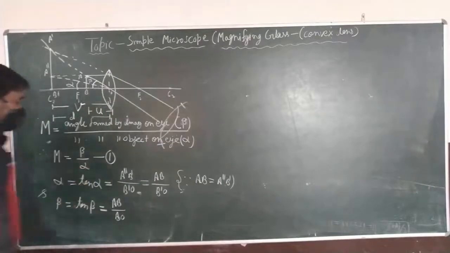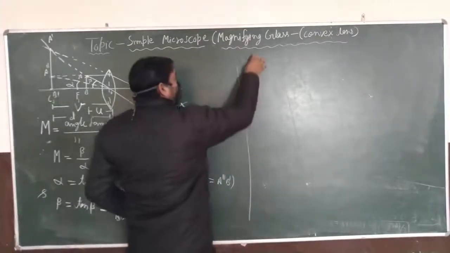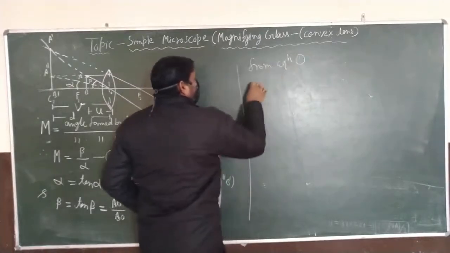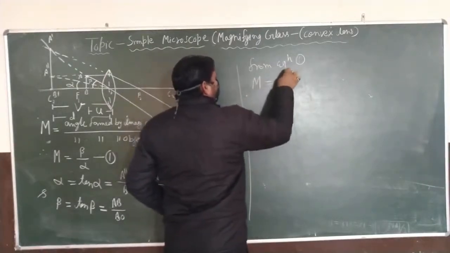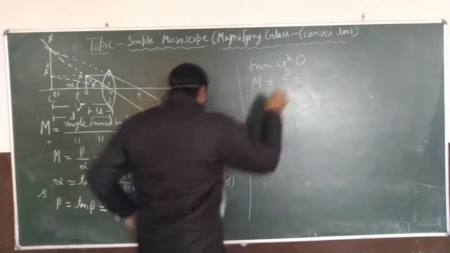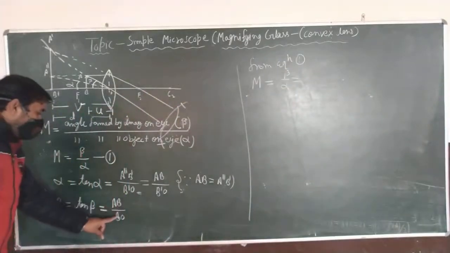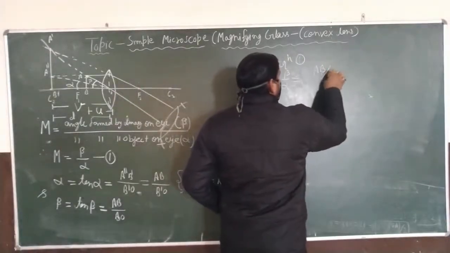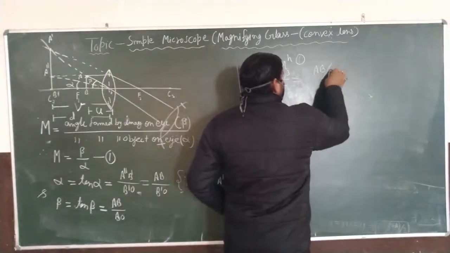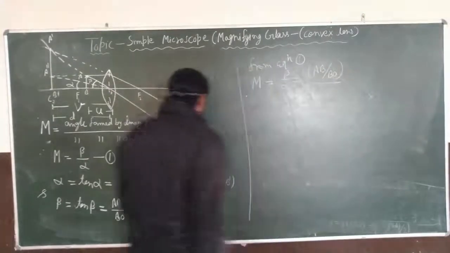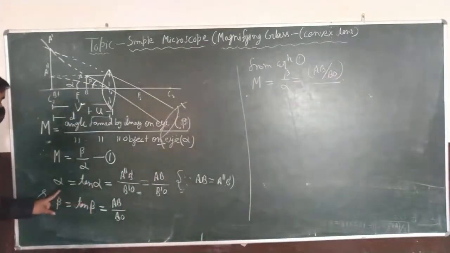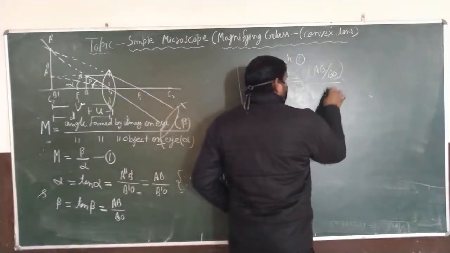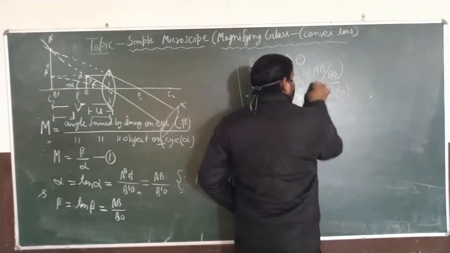Therefore, from equation first, magnifying power is beta upon alpha, and we have the value of beta as AB upon BO, and the value of alpha is AB upon B dash O. Okay.